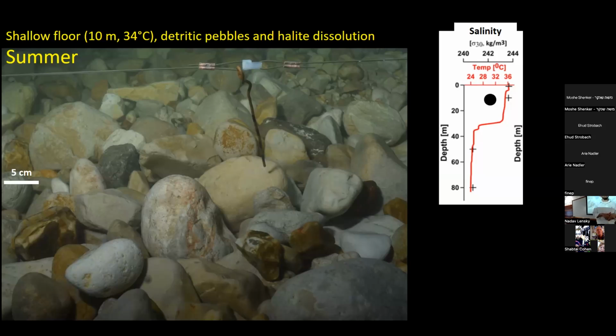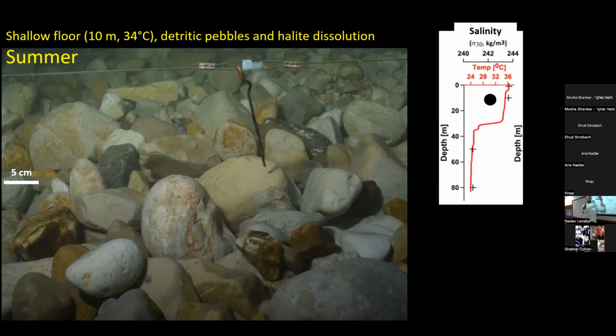Cameras, let's take them down, because from above, everything looks blue. It can be Lake Tahoe or the Dead Sea. We don't have any idea. But when we take the cameras, we can find some interesting things. So here we are in the shallow during summer. Summer, saltiest, but no salt. So you see, this is really like Lake Tahoe.